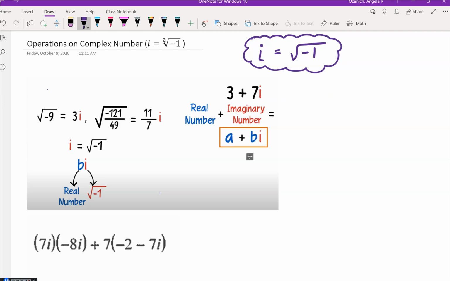In our last video we had a quadratic that had the square root of -9, and we saw that that simplified to 3 times i because we separated it into the square root of 9 times the square root of -1, and in that way we're able to arrive at a result of 3i.